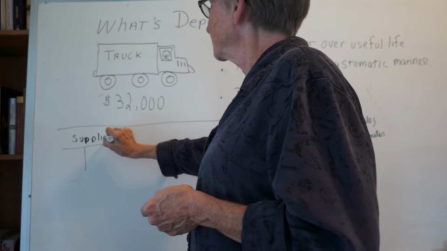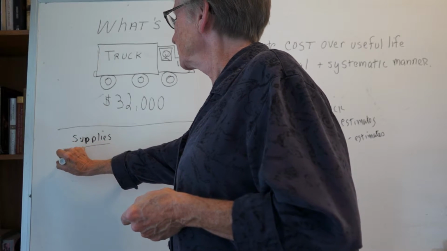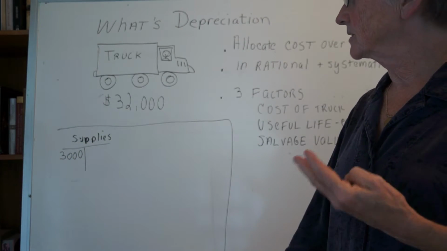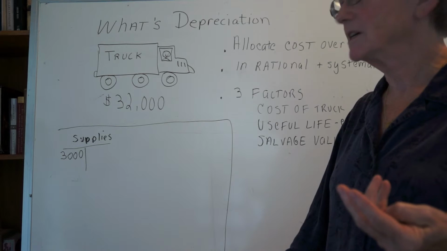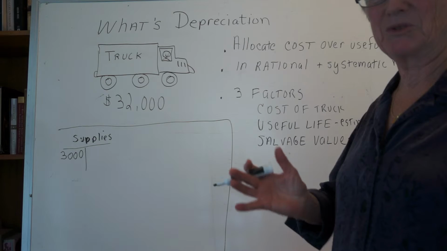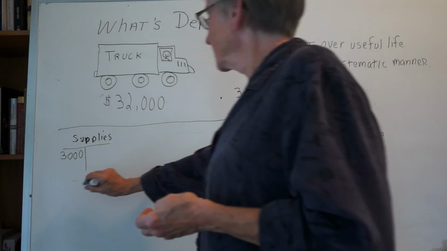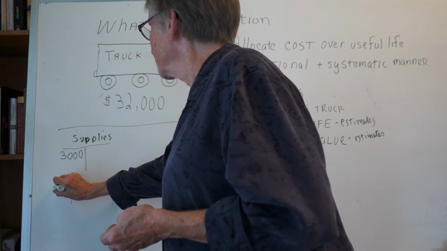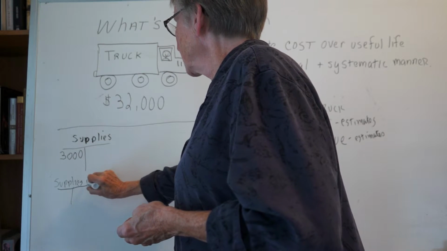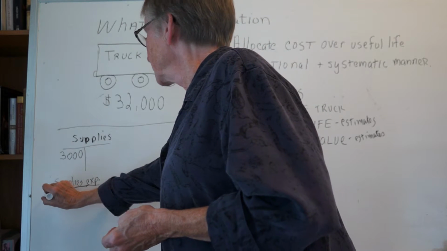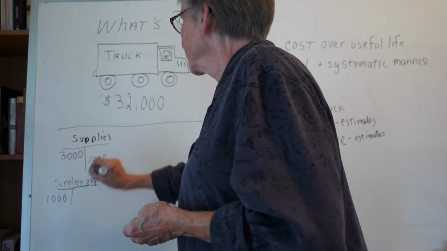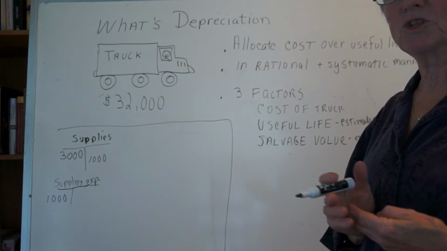In other words, when you buy the supplies and you put them into the supply closet, you've got an asset, supplies, that is going to get used up over time. And every period you make an adjusting entry to say how much of those supplies you used up. And so you go supplies expense. If you used up 1,000 of those supplies, you would debit supplies expense, and you would credit the supplies account to show how much had been used up.